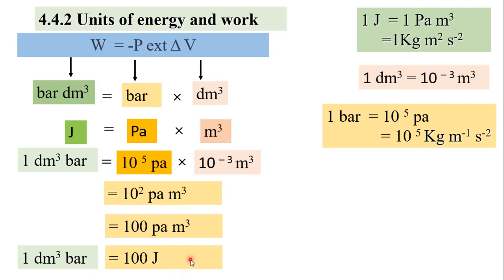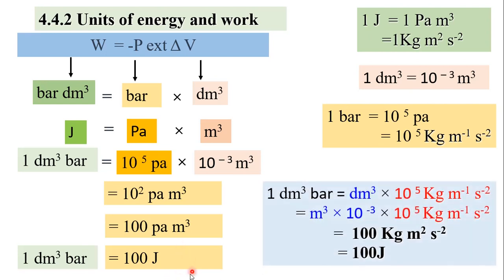So like this you can calculate work in joules. Also, if you want to calculate in kg meter square per second square, then 1 dm cube bar is equal to dm cube into 10 raised to 5 kg per meter per second square, where dm cube is converted into meter cube.